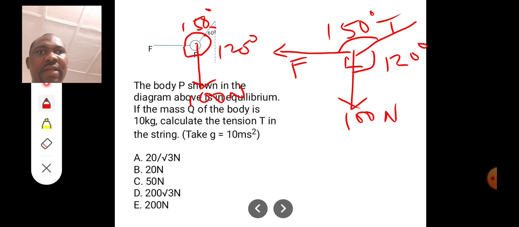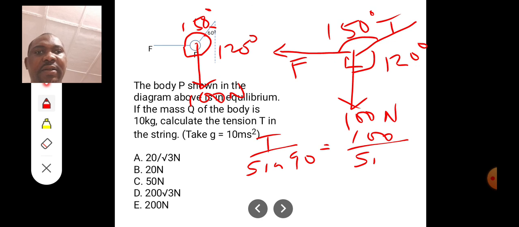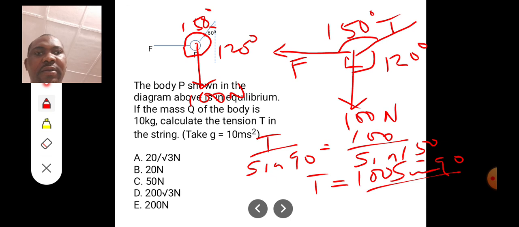So since we are asked to find tension, I will say T over sine 90 is equal to 100 over sine 150. So that means T will be 100 sine 90 all over sine 150.